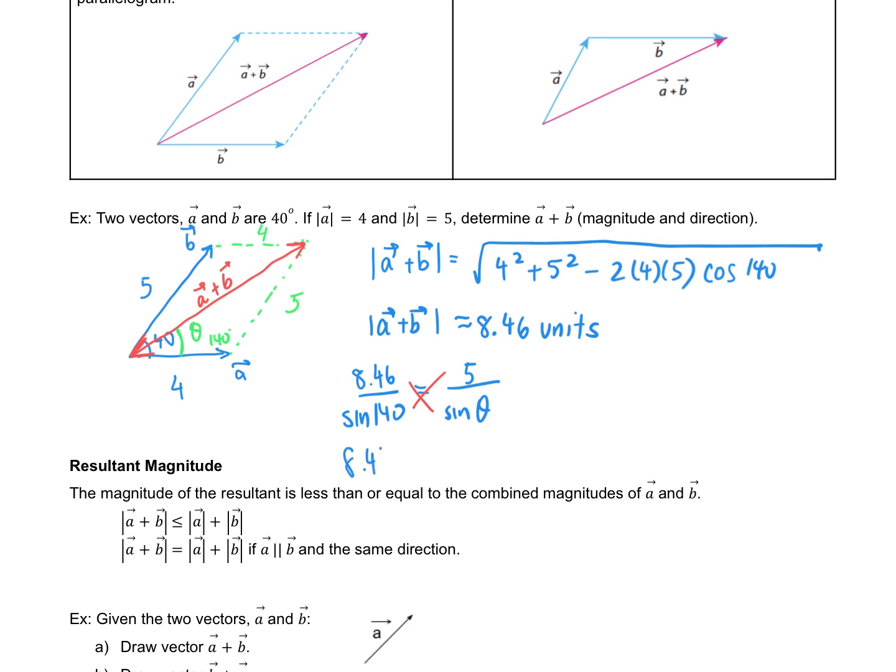So 8.46 times sine theta equals 5 times sine 140. And then I'll divide both sides by 8.46. And I will take the sine inverse of this entire fraction to get my actual angle. And when I do that, I get 27 degrees. So my magnitude is 8.46, and the direction of the resultant vector is 27 degrees above vector A.